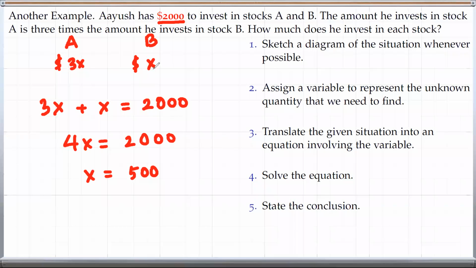So we can go back to the problem. X is 500. So in stock B, he is going to invest 500, and in stock A, he is going to invest 3X, so 3 times 500, which is 1500. So this is the conclusion. So we are done with this example.